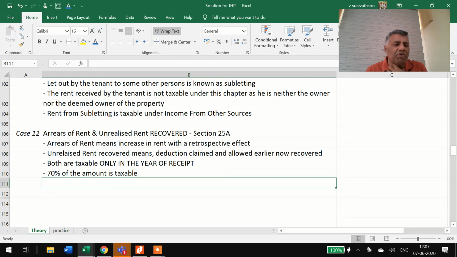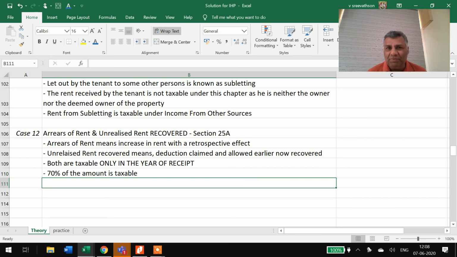Vacancy, unrealized rent, self-occupied, deemed to be self-occupied, partly let out, partly self-occupied in terms of period, partly let out, partly self-occupied in terms of units, property located outside India, composite rent, property used for the purpose of own business or profession, property held as stock in trade, and subletting of property.